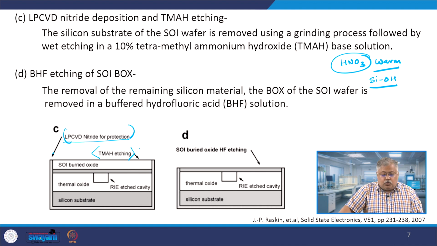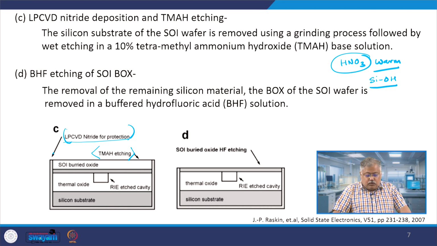So, you do a nitride deposition followed by an etching. Once you do that, the upper layer is etched, and what you are left with is basically the thermal oxide, the silicon substrate, and an RIE etched cavity. This is basically your D part, which is done here.